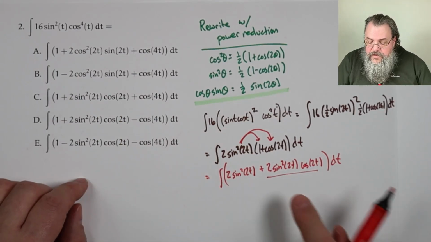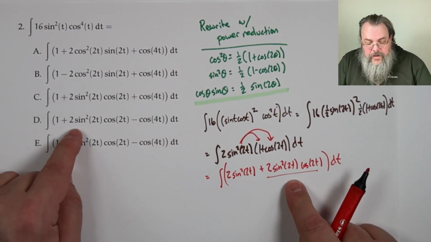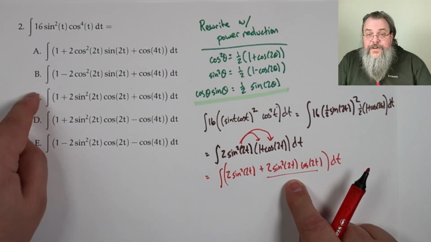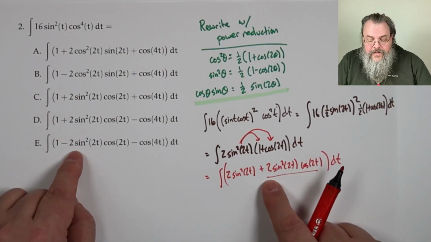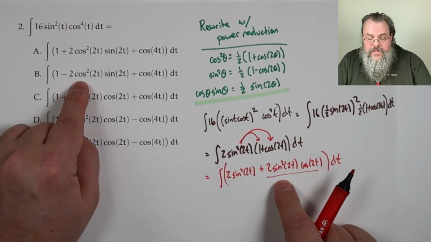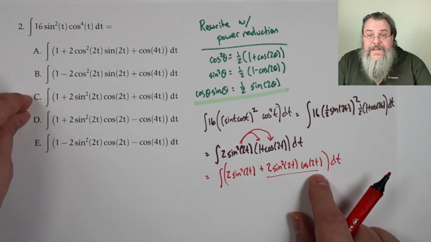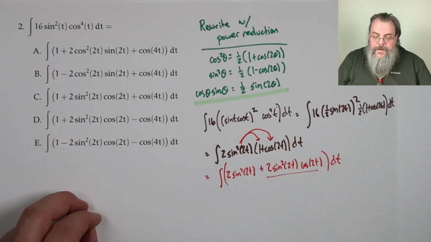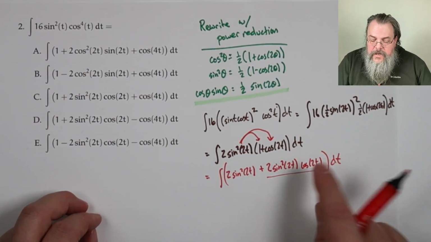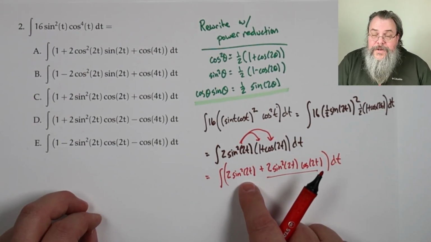And if we're to believe it, it looks like we're probably going to end up with C or D. This one has a minus. These have cosine squared 2t sine 2t. That's not what we have. So right now, I'm going to guess C or D. But, okay, this part we can integrate. This part we can't. So what do we do?